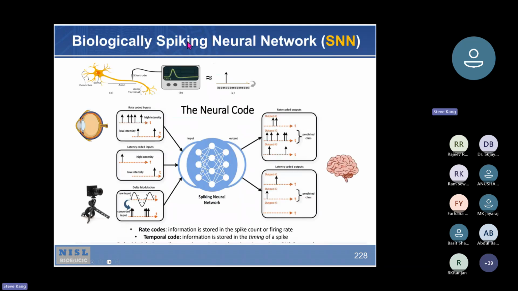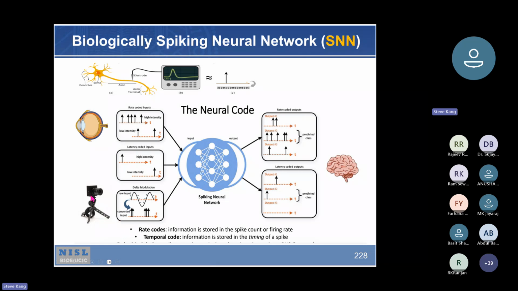So this is about the spiking neural network. SNN is called, biologically, spiking neural network. So when you have a perception, say vision, you can detect some signal, and you can represent all the signals in terms of spiking, right? High density or low density comes in as an input.